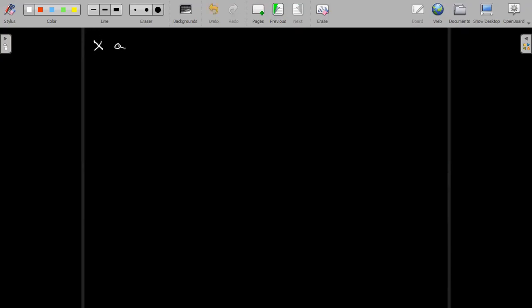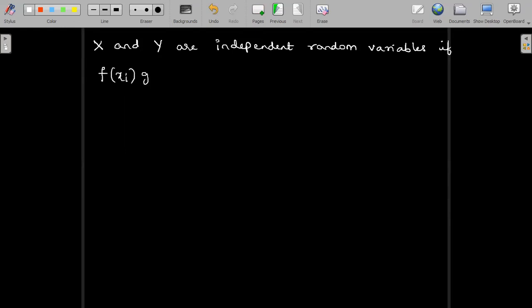So we can write the same formula: x and y are independent random variables if they satisfy the condition f of xi into g of yj is equal to jij.